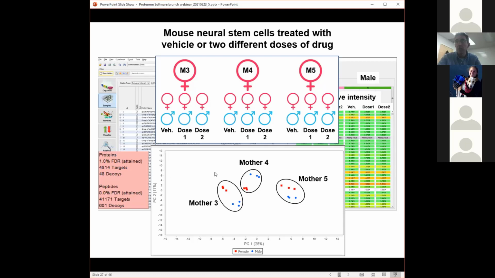But instead, if you do a multi-level statistical test within a mother and within sex, then you start seeing what the true differences are relative to the doses of the drug. So this shows an amazing aspect of being able to do the PCA and associate the changes with the different groups.